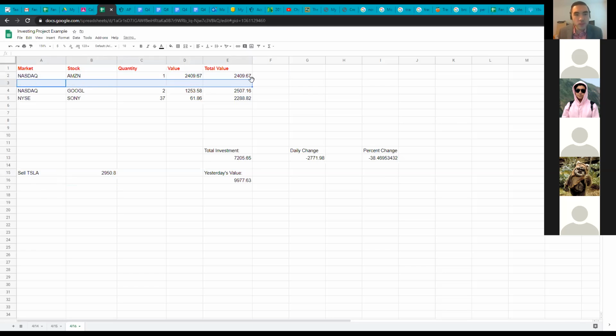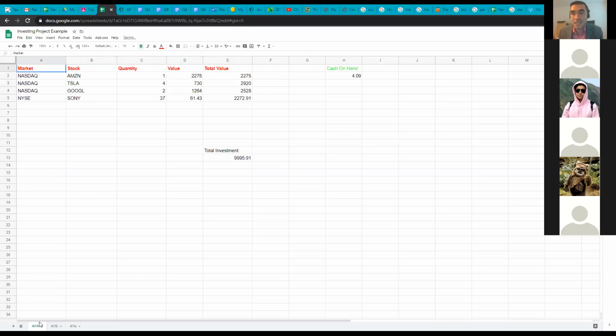Delete, right? Which means that in terms of the total amount of money I have invested, it's now this amount. And of course, that's going to throw off all of my daily changes, percent changes, all that stuff, because I basically converted that stock back into cash. Now, in order to figure out how much money I have total, I'm going to type in cash on hand. Because if y'all remember, unless you were somehow able to spend exactly all of your $10,000, you would have ended up with a little bit of extra cash on hand left over from that first day.